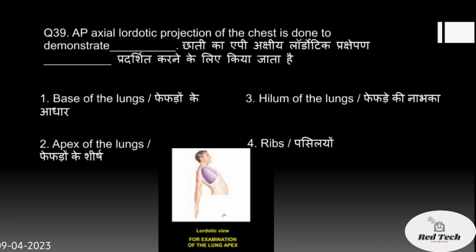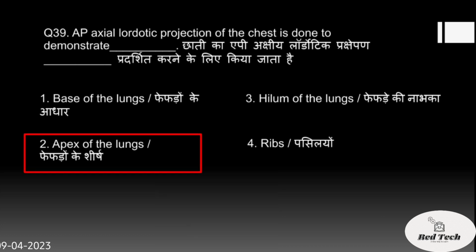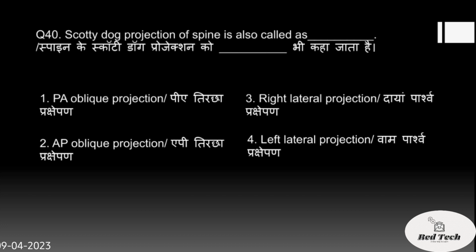That would be the projection position. So we would see the apex of the lungs. So the right answer is option number second, apex of the lungs. To demonstrate the apex of the lungs, we do the AP axial lordotic projection.